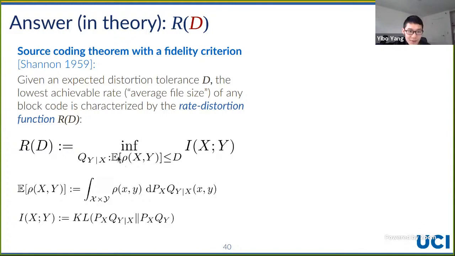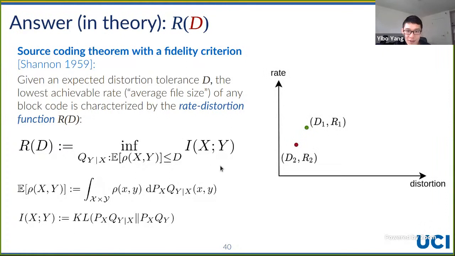So you want to search over all the possible distributions in the reproduction space, the distribution over the reproduction given the input, which you can think of as identifying a lossy compression algorithm, and trying to minimize the amount of information between the reconstructed data and the original data, again, subject to a distortion constraint.